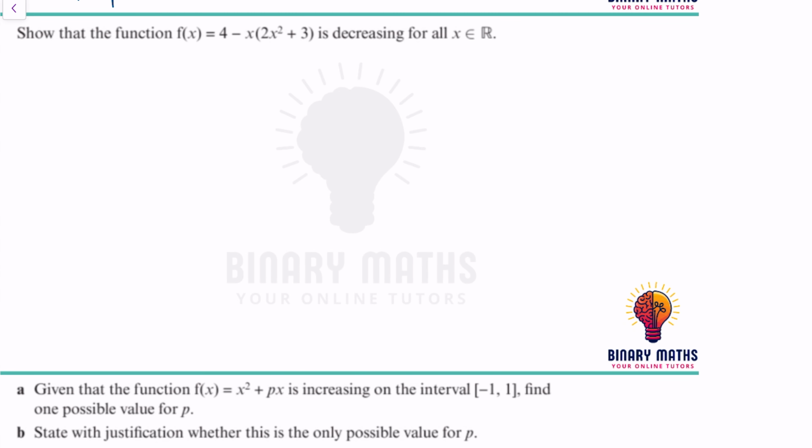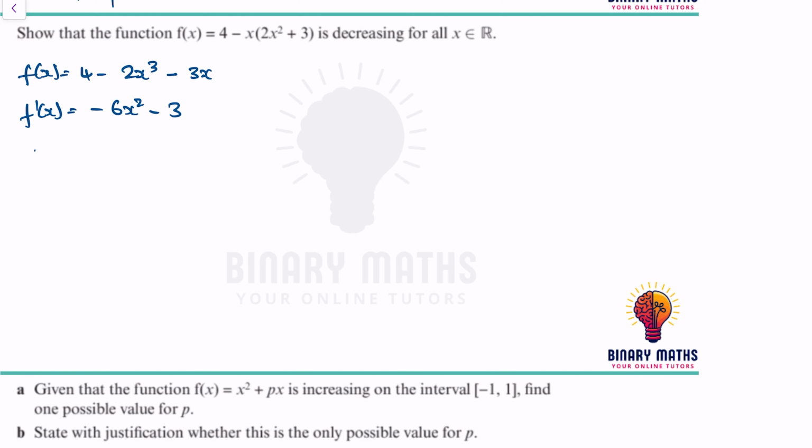So I'm going to rewrite f of x, expand the bracket out, so I get minus 2x cubed minus 3x. So f dash of x is equal to minus 6x squared, take away 3.